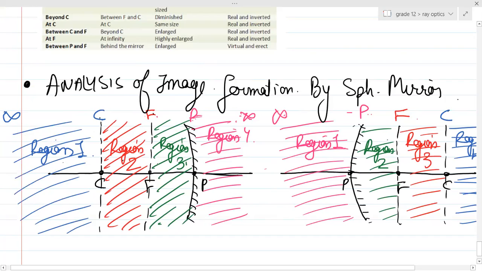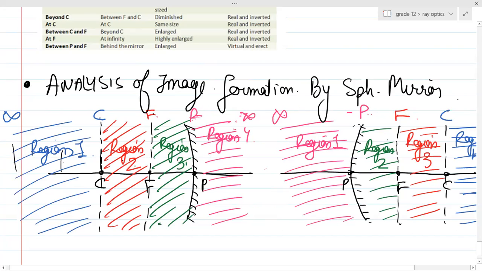If the object keeps on moving and goes and sticks to the mirror, whether it is a plane mirror, a spherical mirror, a convex mirror, जो भी हो, if the object is at the pole, then the image will be at the pole. Does this statement make sense? तुम चिपक के खड़े हो mirror से तो, right?